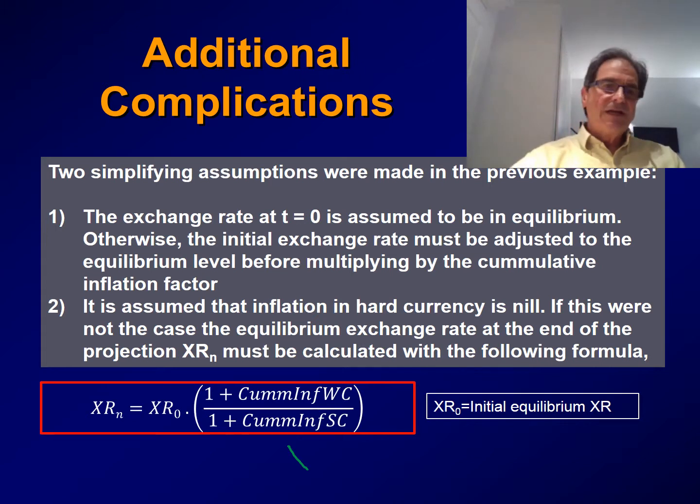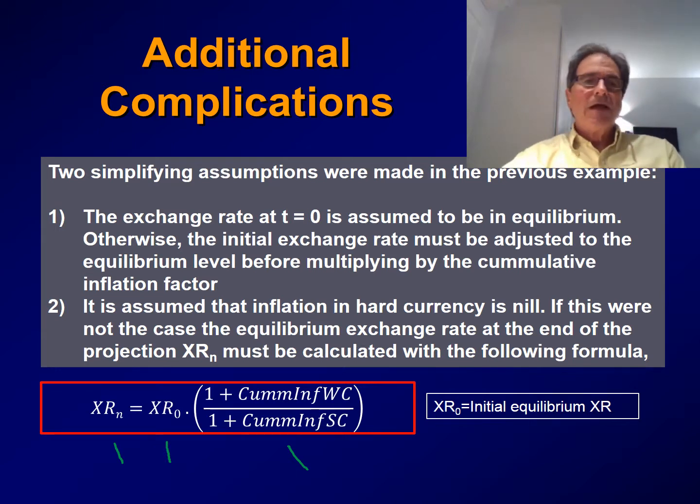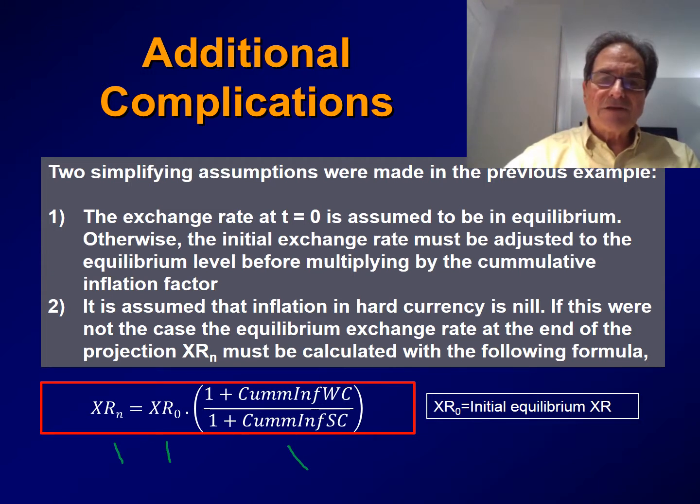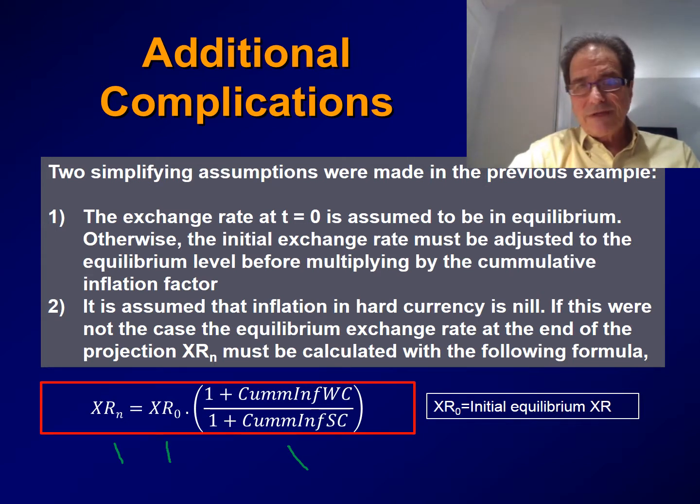So the formula is that the equilibrium exchange rate in year n, in our example year 10, will be equal to the exchange rate at time 0, and this has to be an equilibrium exchange rate at time 0, multiplied by this factor. In the numerator we have 1 plus cumulative inflation in weak currency divided by 1 plus cumulative inflation in strong currency.